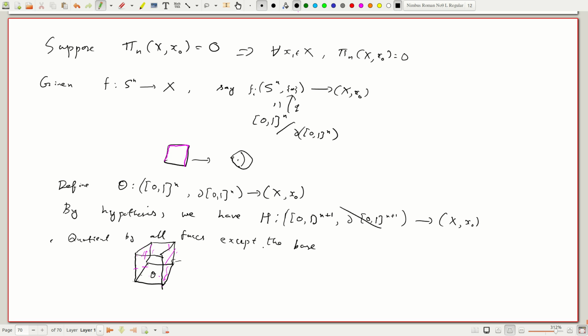So you quotient by all faces except the base, and you will get f mapping D^(n+1) to x. Okay, this is well defined because the top is the identity, and hence it maps to the identity, and the sides all map to the identity by condition of the homotopy, and the base itself has identification. This boundary gets pinched to a point, and that is exactly the original map, extending f mapping Sn to x.